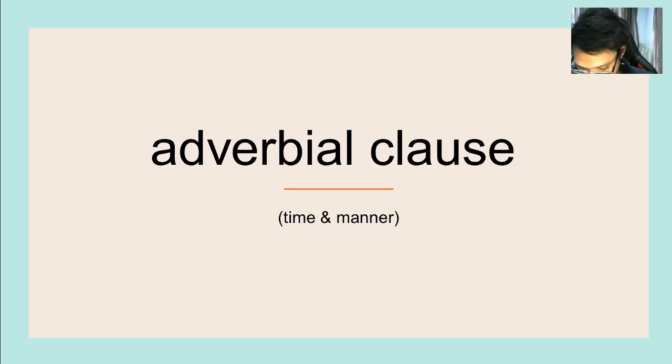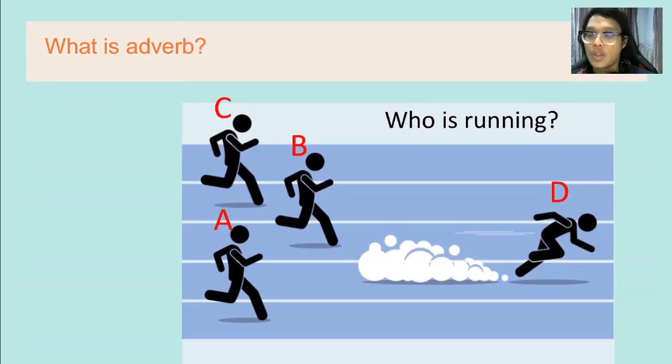Okay, so we're just gonna get the same basic knowledge of what we know about adverbs. Someone might not have heard about adverbs before, but if you look at the picture, there are four people in the picture, right?